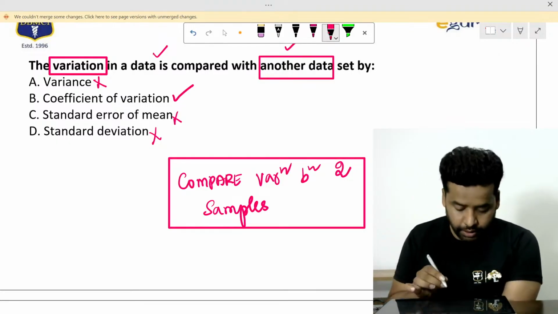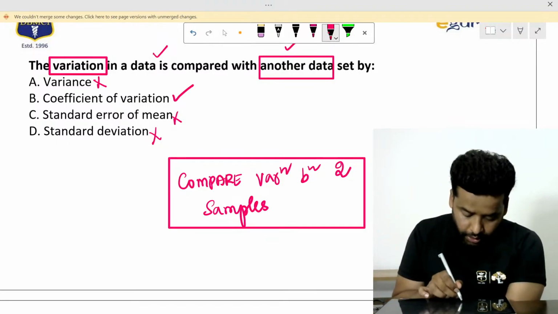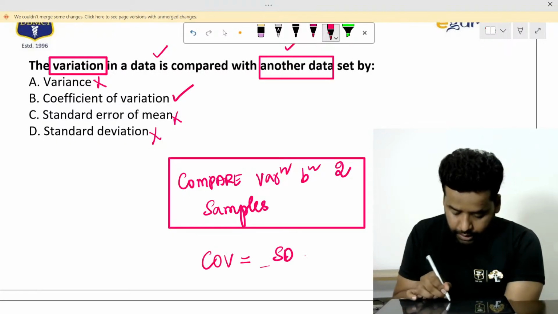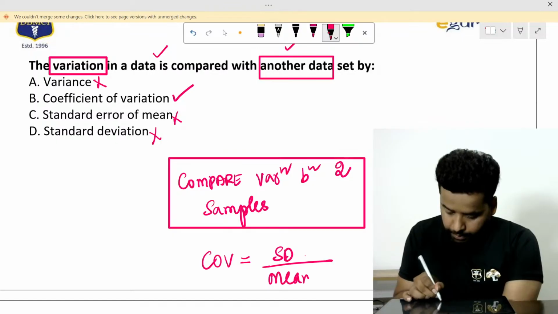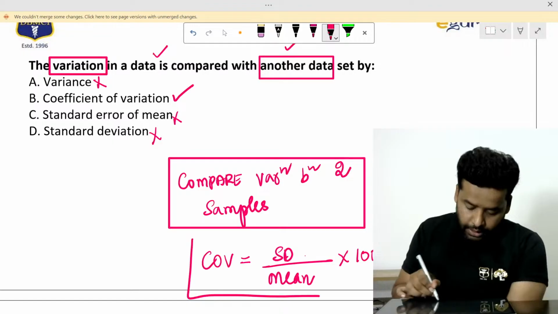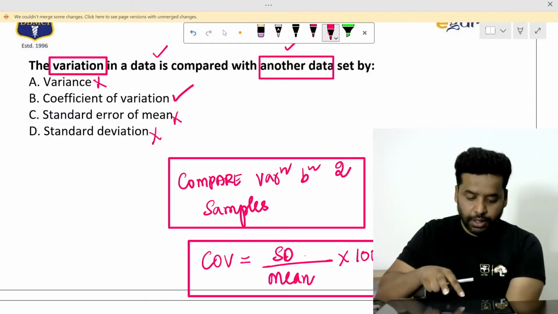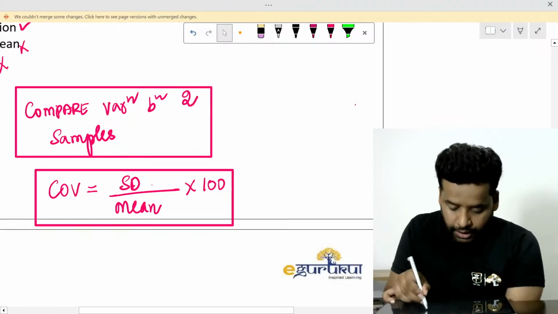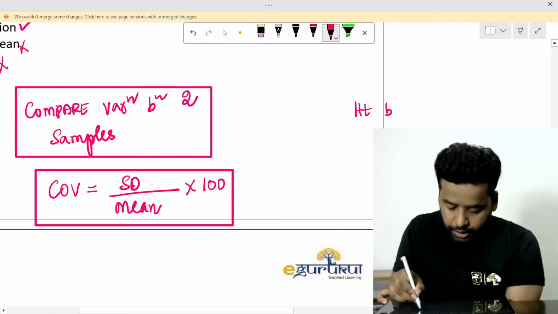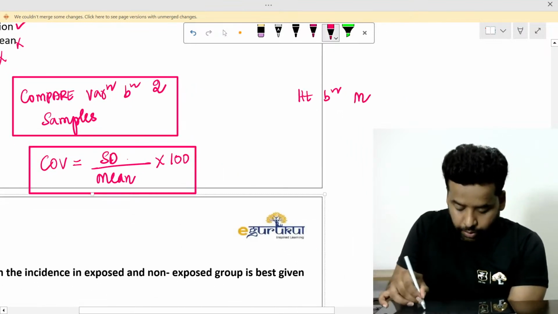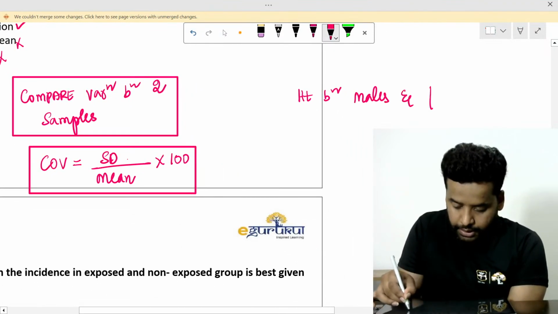Coefficient of variation. What is the formula for coefficient of variation? Standard deviation by mean into 100. Very good. If at all they frame this question, listen. Height I want to check between males and females.